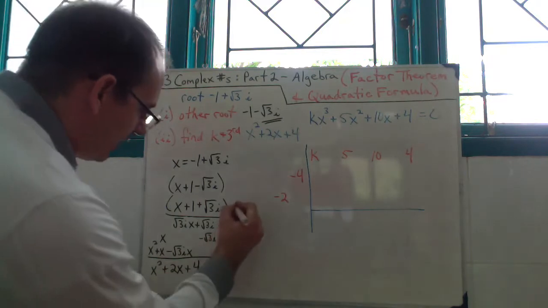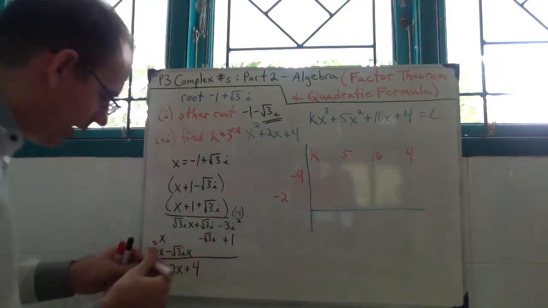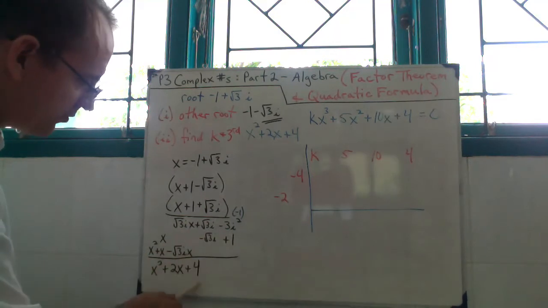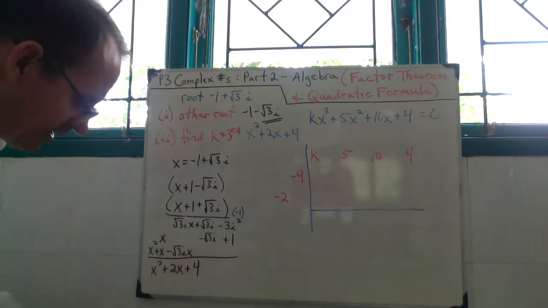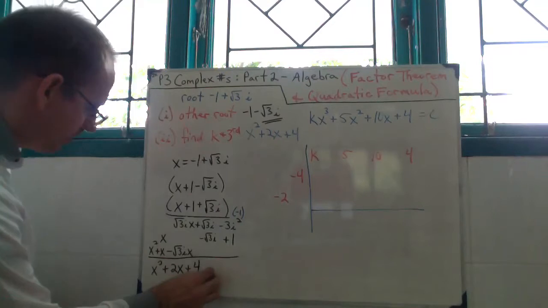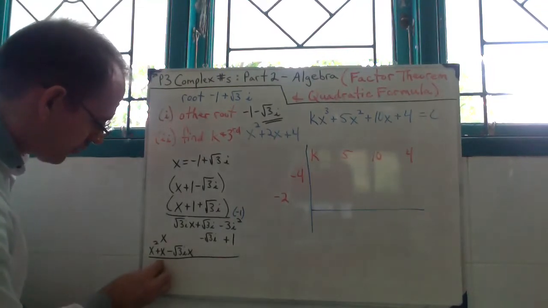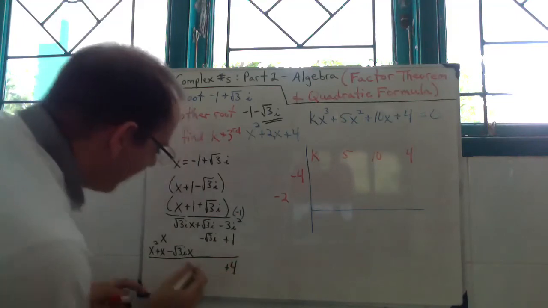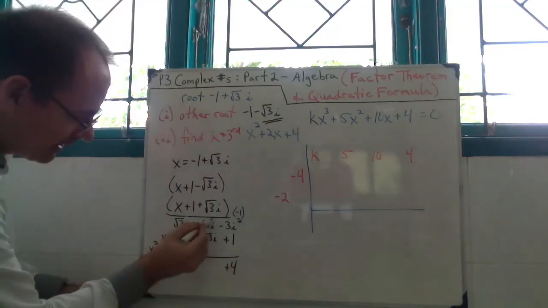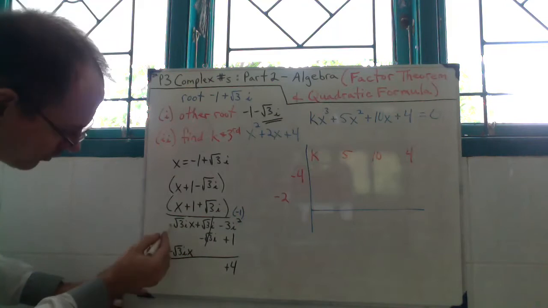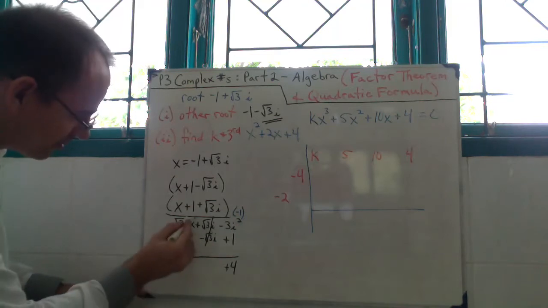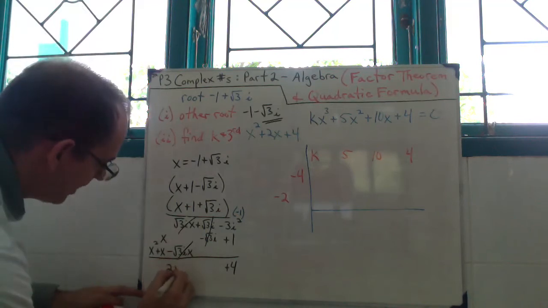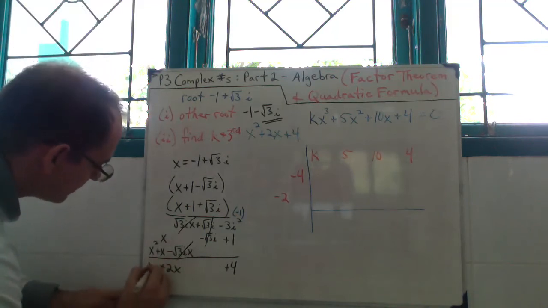Remember that i squared is a -1, so that gives us a positive 3 plus 1 is 4. Here, root 3i and negative root 3i cancel. Root 3ix and negative root 3ix also cancel. X plus x is 2x, and of course the x squared.